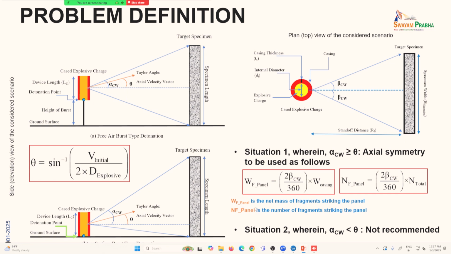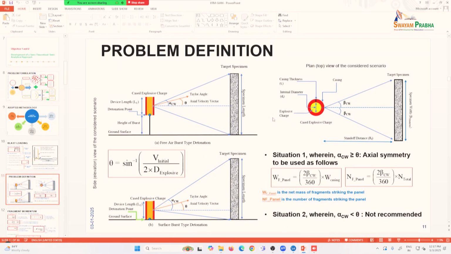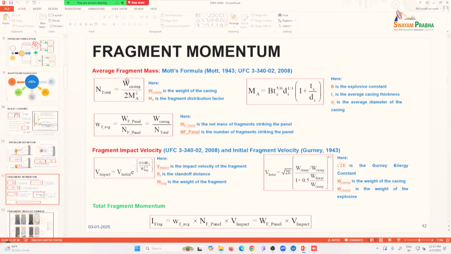So here you have it in terms of the net mass. There are some parameters it gives. There are equations based on old reference work that give you the number of fragments based on the weight of the casing and a constant MA, and it gives you the average weight of the fragment striking the panel.